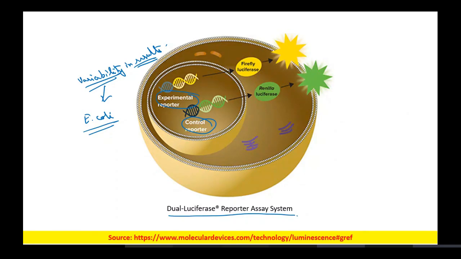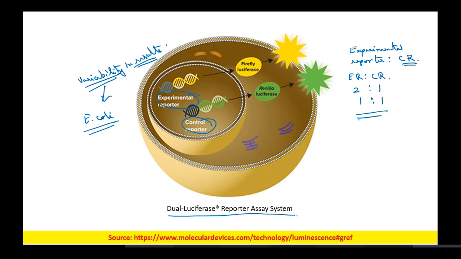Due to this reason, we include a control reporter and the experimental reporter, and usually the experimental reporter is to the control reporter, I am writing CR, so ER is to CR, either given in the ratio 2:1 or 1:1.